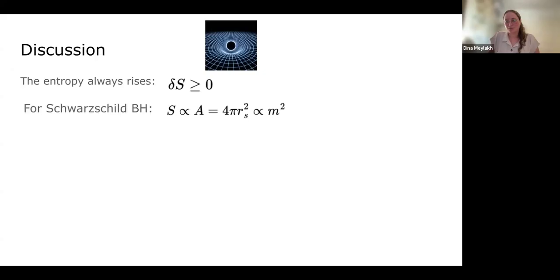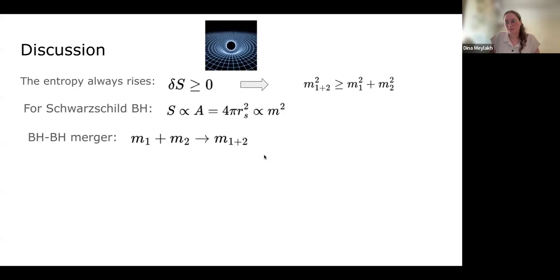For a Schwarzschild black hole, this corresponds to the area, which is proportional to the mass squared. If we consider a merger of a black hole M1 and a second black hole M2 going into M1+2, this gives us a lower bound for the mass of the remnant.